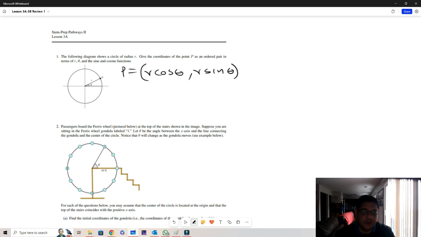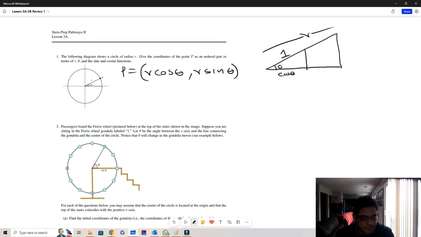This is coming, of course, from having a relationship with the unit circle, where if we have a triangle here, and let's say this measures 1, this is the unit circle, and this is r, and in the unit circle we had that this was cosine of theta, and this part was sine of theta. So x was cosine, sine was the height.